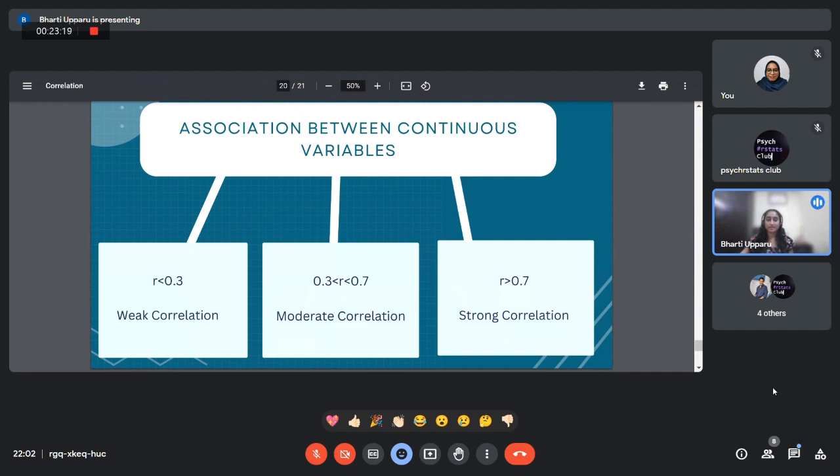Anything below 0.3, minus or plus, is considered a weak correlation. A value between 0.3 and 0.7 is considered a moderate correlation. And values greater than 0.7 are considered a strong correlation.